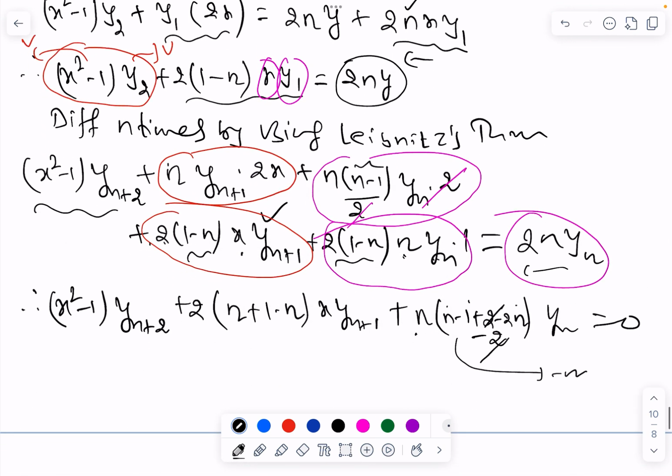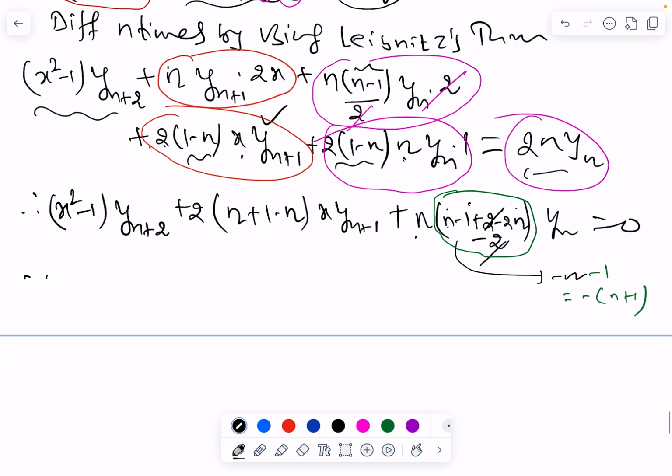And this minus 1 is also there. So simplification of this is minus n minus 2n is minus n minus 1. So if you take minus sign outside, it will be minus n plus 1.